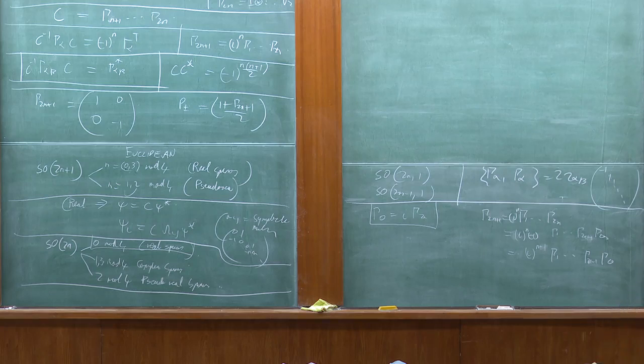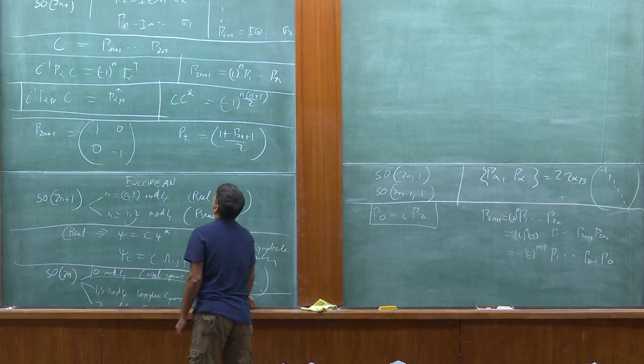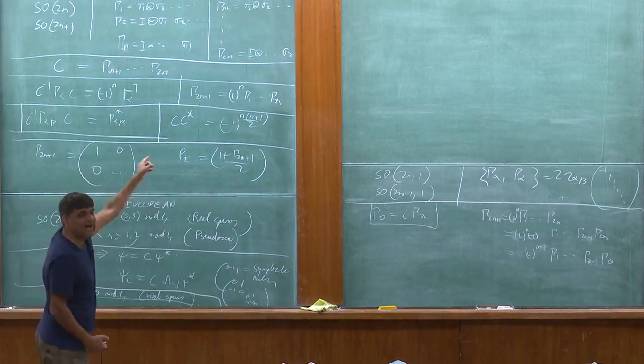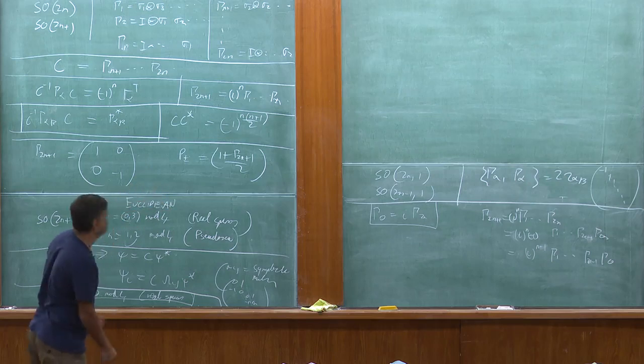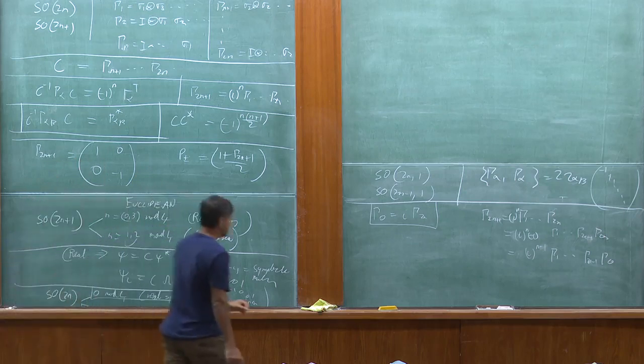Great. Next question we have was, let's go down this list. So we have our construction, right? We just have to put an extra factor of I in gamma 2n. So that hasn't changed. What about C?